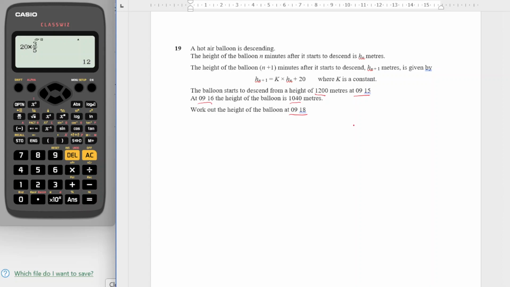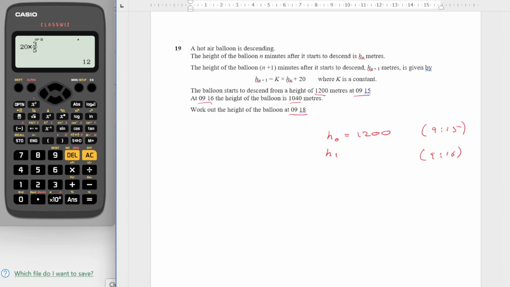So in effect, let's look at H0, or the first starting height is 12,000. H1, I'll put the times in as well, so that's 9:15. That would be, when h is 1, 9:16.